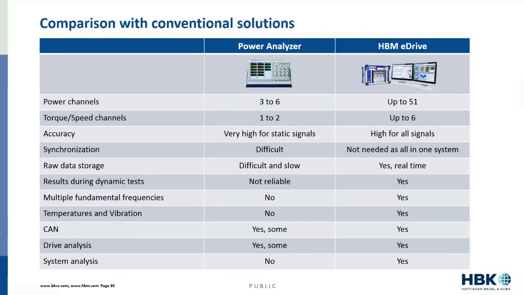No synchronization is required because we're making all of the measurements in a single mainframe, and the raw data storage happens automatically with no need for download time. You're able to get dynamic results, support fundamental frequencies, and other mechanical type signals such as temperature and vibration. We can measure CAN bus signals, and you've got the advanced analysis to really understand what the full system is doing altogether.